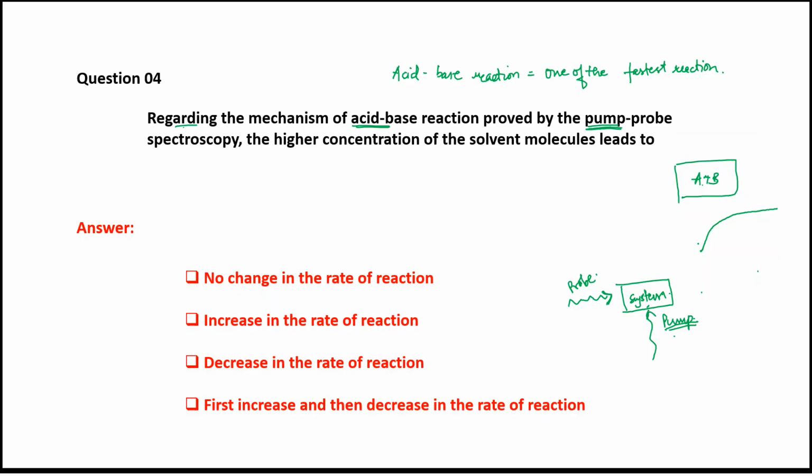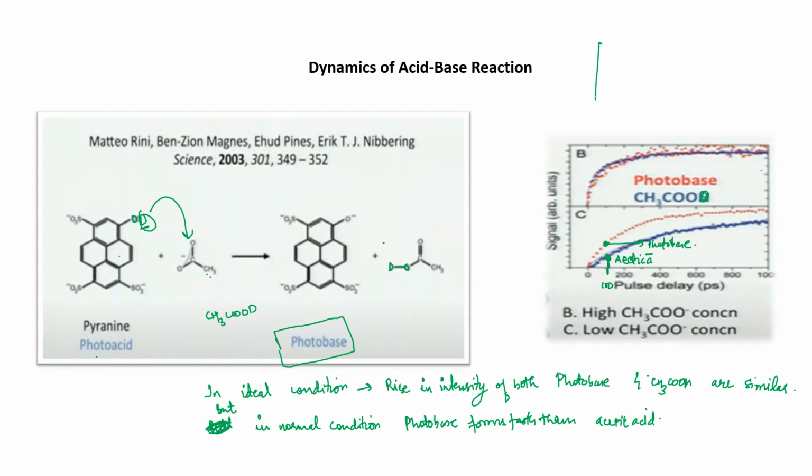Why has this happened? When you study the dynamics, you will see that in a system, say this is the solvent, there can be these solute particles or solute molecules. When you talk about this pyranine, say photoacid, say this is A and this is B. This is also an A, this is B, this is again B, A, like this. They are within the system.